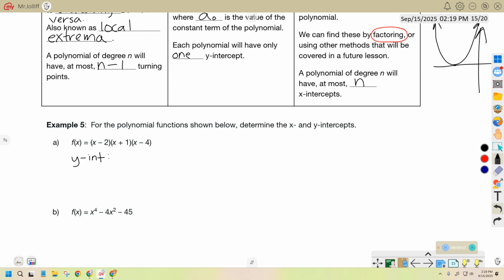Y-intercept happens when what is true? You wrote it down in your box. Ethan, when does that y-intercept happen? When x equals what? X equals 0, yeah. So I'm going to take my function and plug in x is 0. 0 minus 2, 0 plus 1, 0 minus 4.